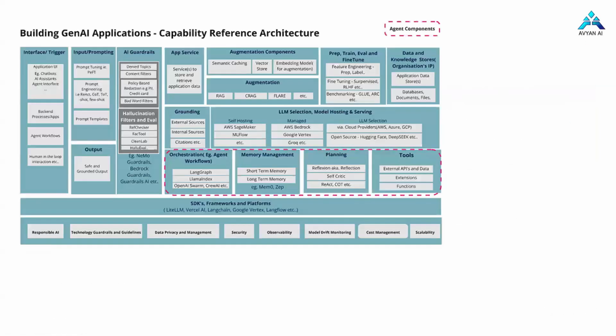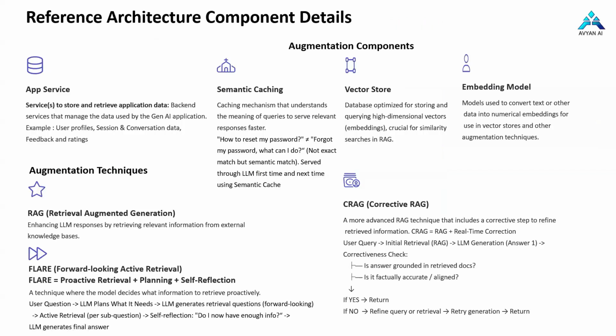Okay, so the next one, the app service layer. After AI guardrails, looking at the diagram, there is app service, and then after the app service, there are augmentation components. That's what we are discussing in this slide. The app service is nothing but the data that is stored related to the LLM, which helps the LLM to better answer.